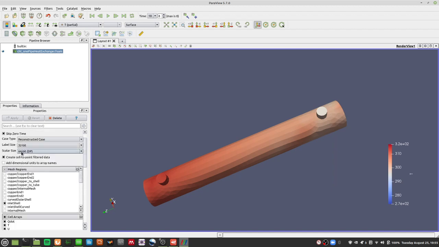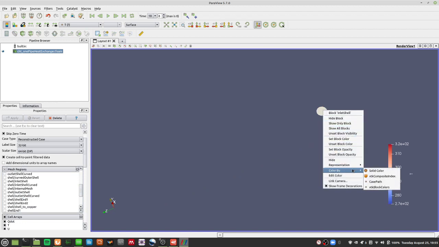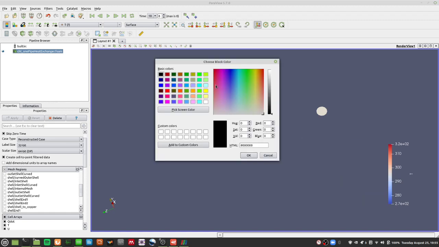Let me take out the shell internal mesh. Let me color it, maybe set block color as purple. So as purple, somewhere between red and blue. Yes, purple is here.